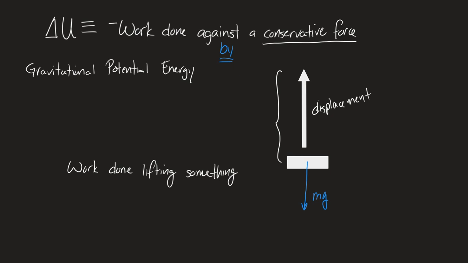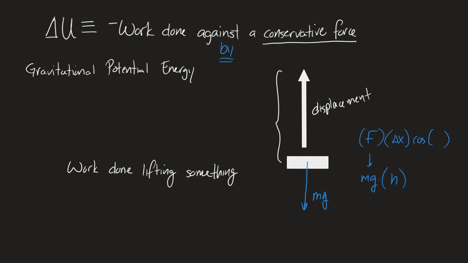So I lift the book upwards, which means the force I'm applying times the displacement times the cosine of the angle between them is going to start with mg. That's the force of gravity acting on the book. The displacement is going to be whatever height I lift the book to.